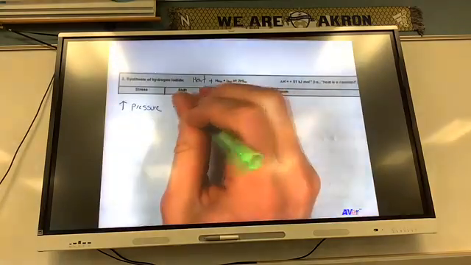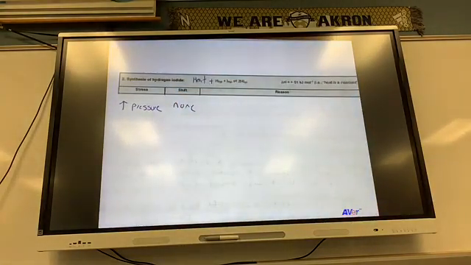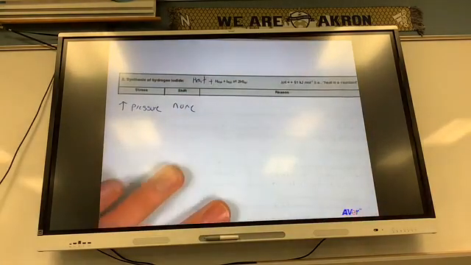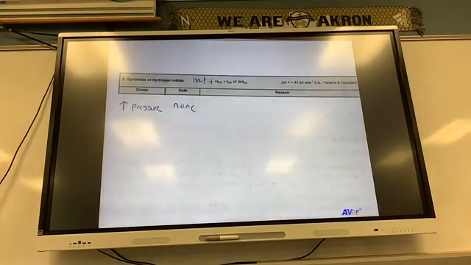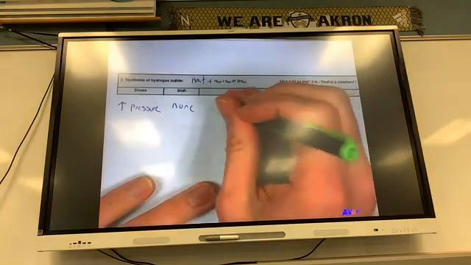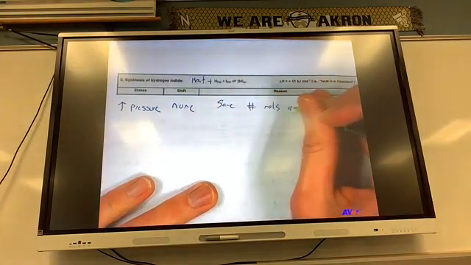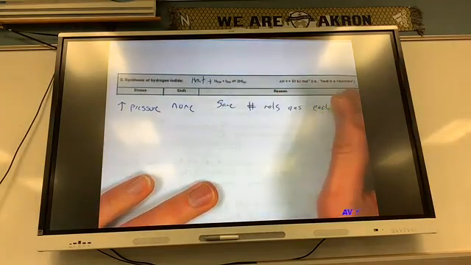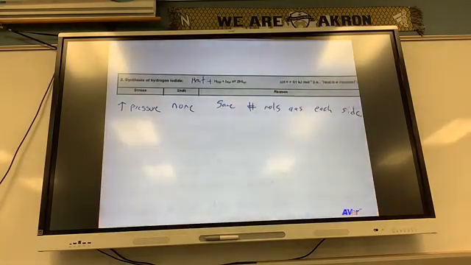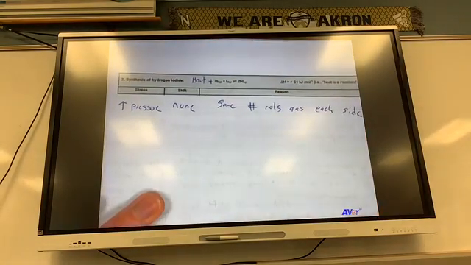There will be no shift, because I have the same number of moles of gas on each side. I was way overthinking. That's why we're warming our brains back up here.